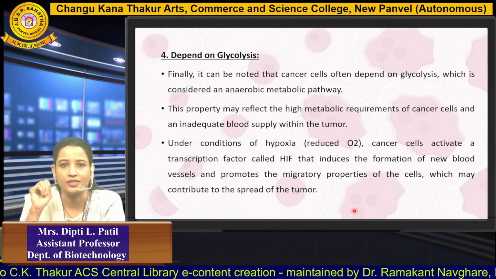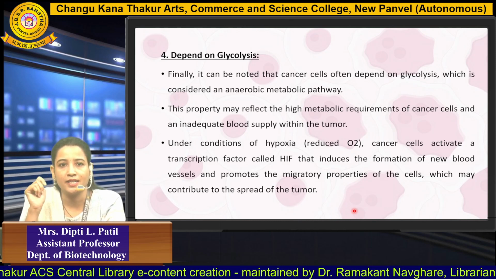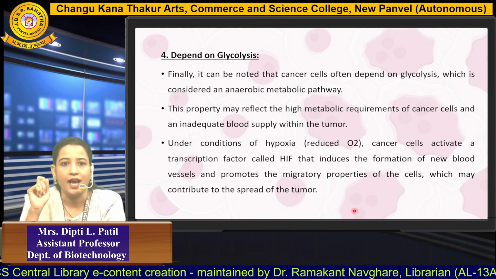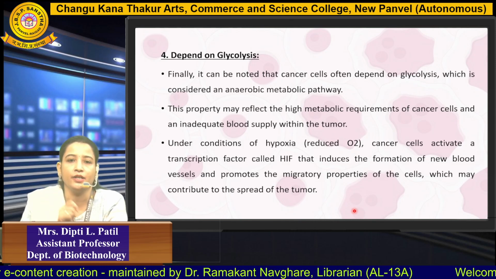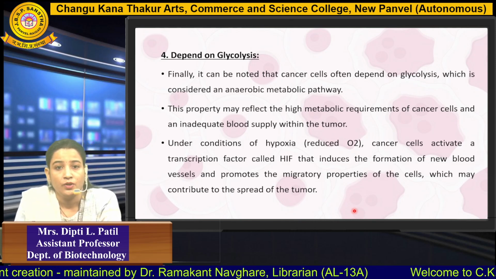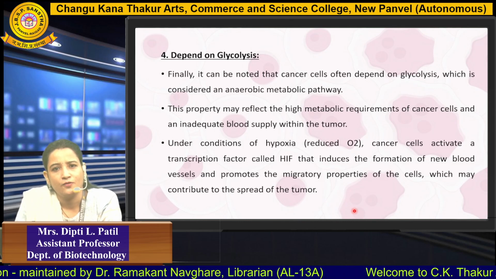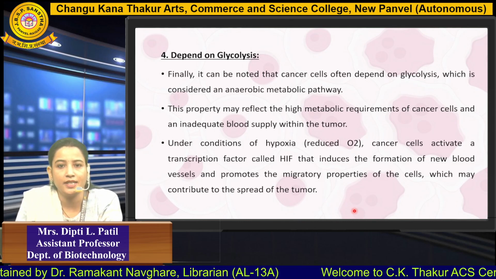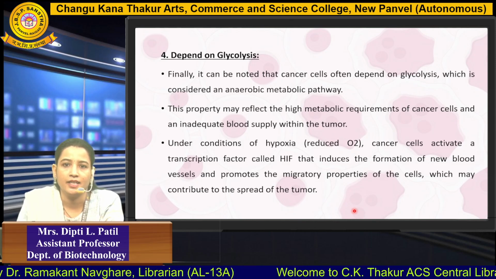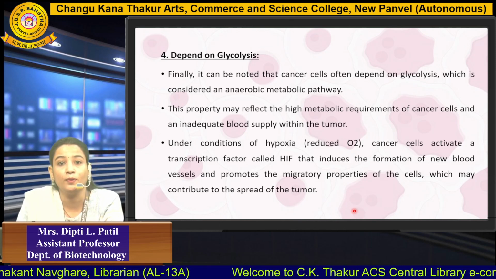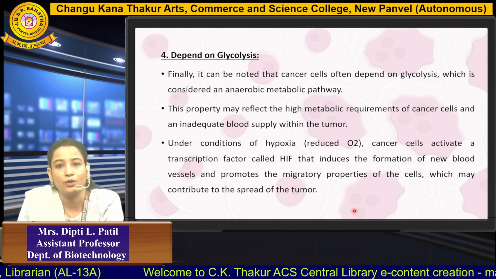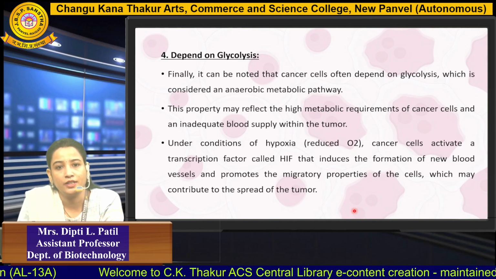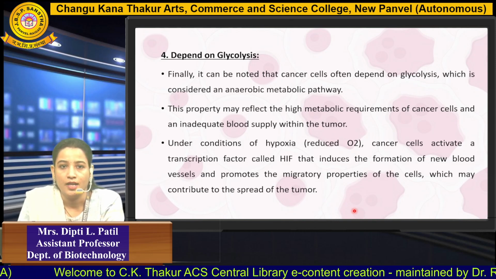In that condition, because of this hypoxic condition, the tumor cell activates a transcription factor called hypoxia inducing factor. What is the role of this factor? This hypoxia inducing factor induces the formation of new blood vessels within the tumor, and it promotes the migratory properties of the cell, which may contribute to the spread of the tumor.